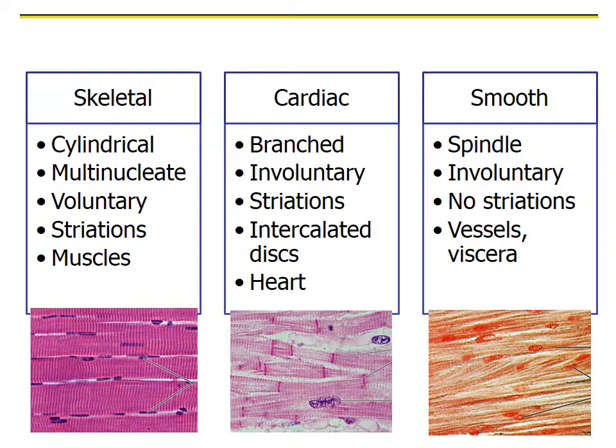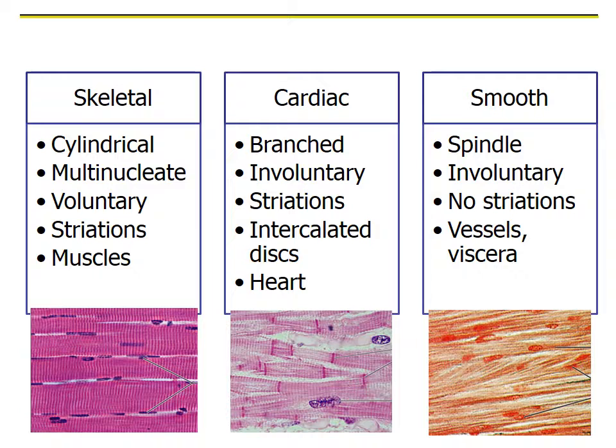The overlapping myofilaments cause stripes or striations to appear, and we find this tissue in our skeletal muscles. Cardiac. These cells are long but branched. Autonomic innervation implies involuntary control, and the cells are still striated because they contain the same overlapping myofilaments.